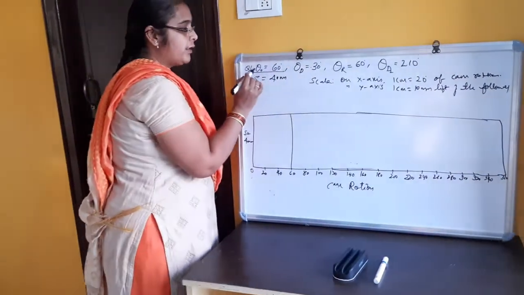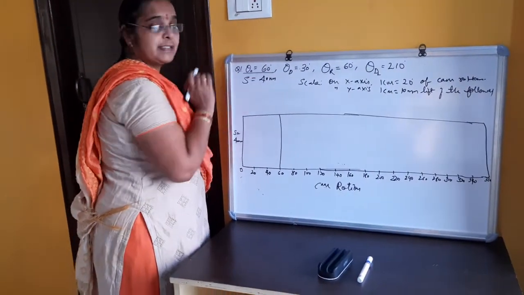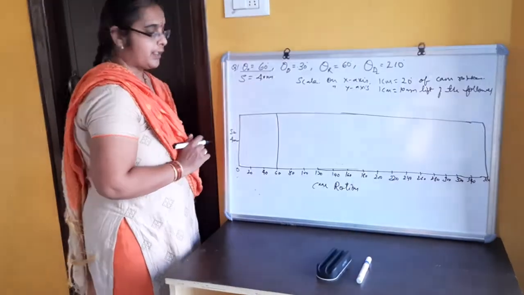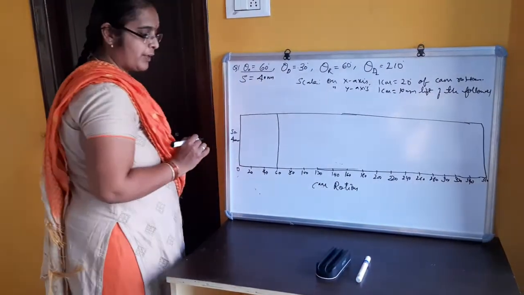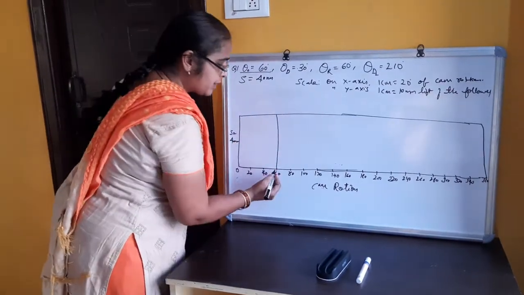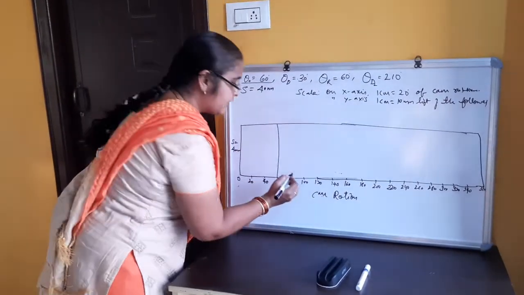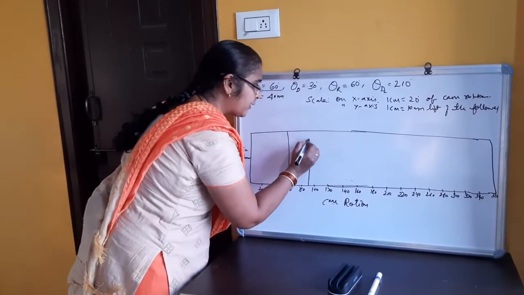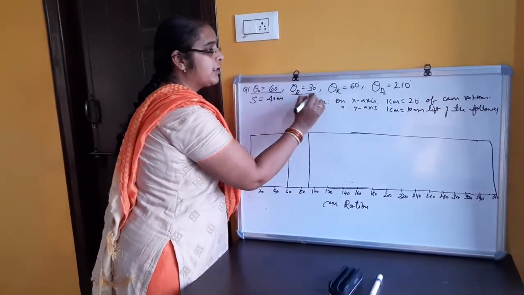The angle given for the outstroke region is 60 degree. So I am going to draw a line at an angle of 60 degree. Next, it is followed by a dwell of 30 degree. So 60 plus 30, it will be 90. So in between these two, you take a line which represents 30 degree.